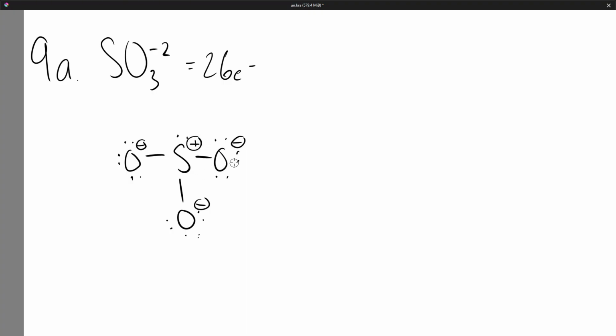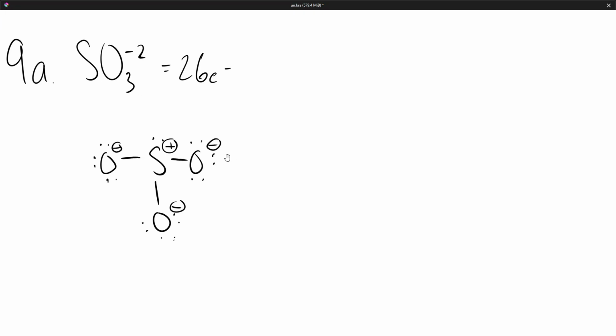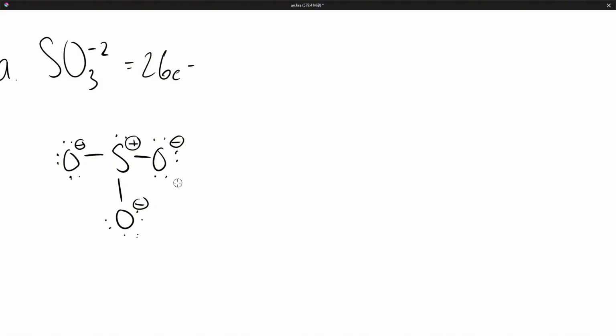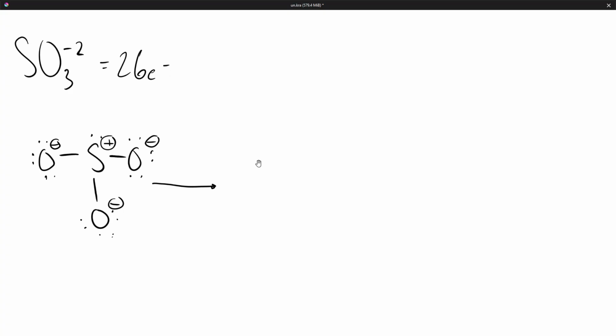So even though the charges add up to negative 2, we don't want each atom to have its own formal charge. We want to minimize how many atoms in the molecule have a formal charge. So instead of that, we draw it like this: sulfur, double bond, single bond, and we fill everything in.